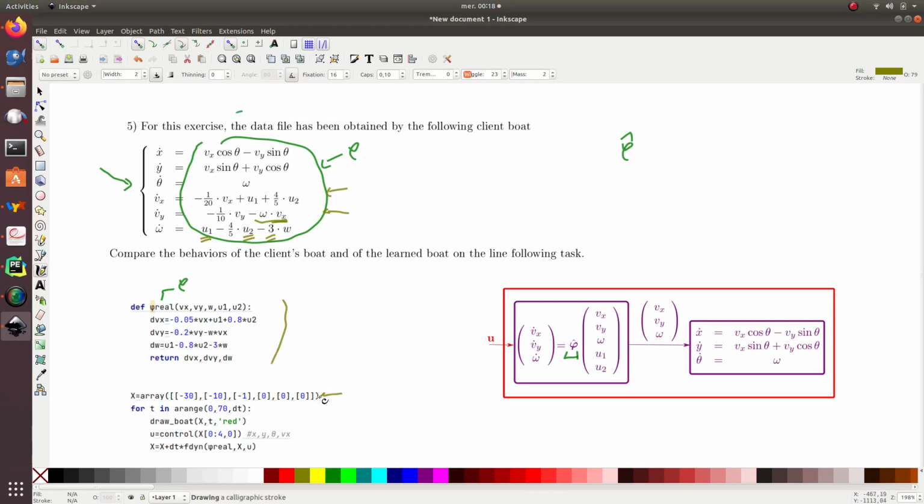I take the same initial condition. I have my loop, and here I use the controller of my Dubins car, and I will simulate using f dynamic, but this function here is the real one, not the one from the perceptron.